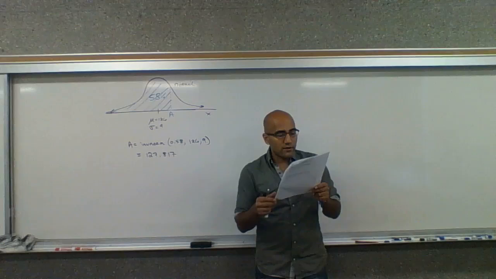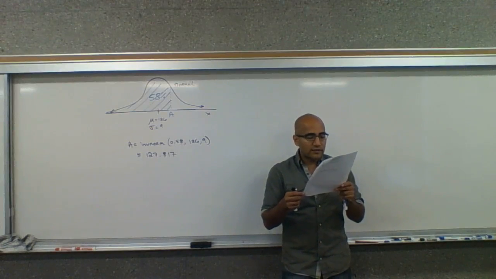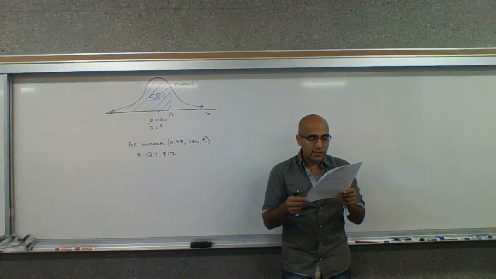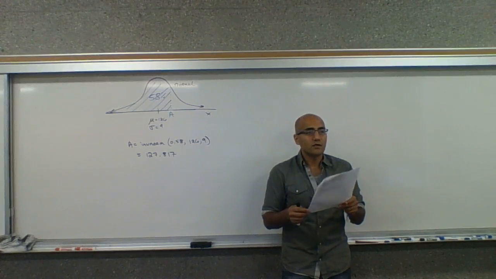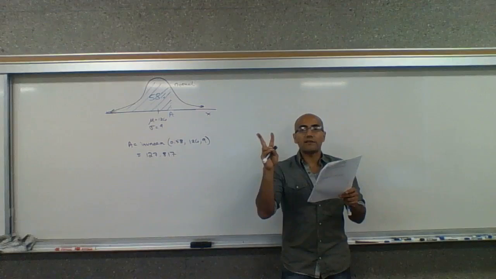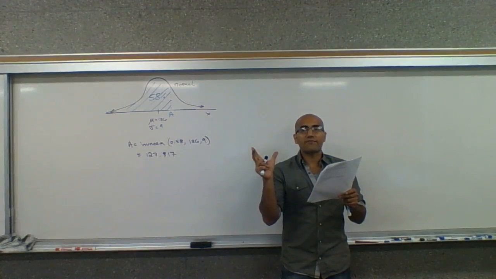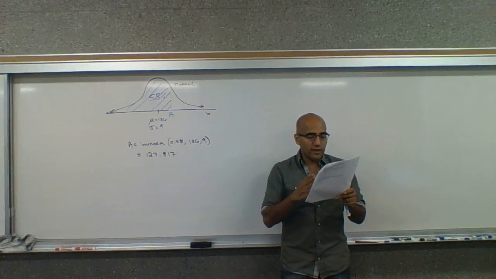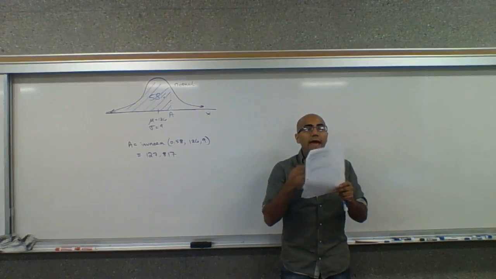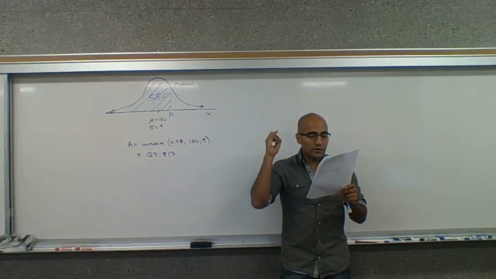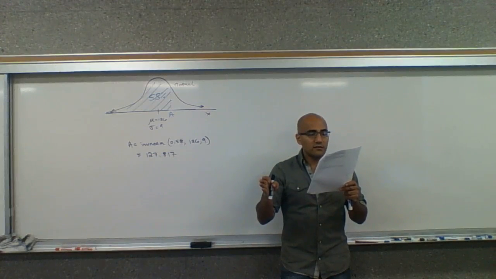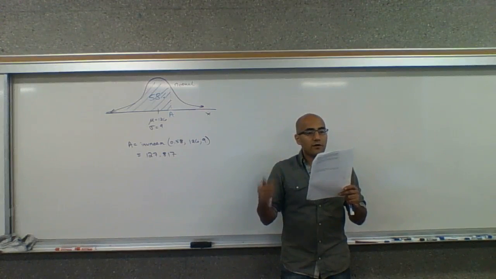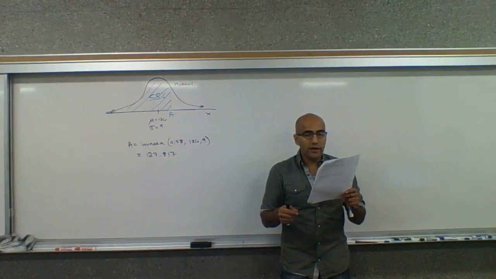Part C, if one Columbia Pictures movie is randomly selected, find the probability that its running time is less than 115 minutes or more than 132 minutes. Well, that one we're going to have to take two separate normal CDF functions for the left tail and the right tail, and then add them together, right? So it's going to be normal CDF from negative infinity up through 115 with a mean of 126, a standard deviation of 9.